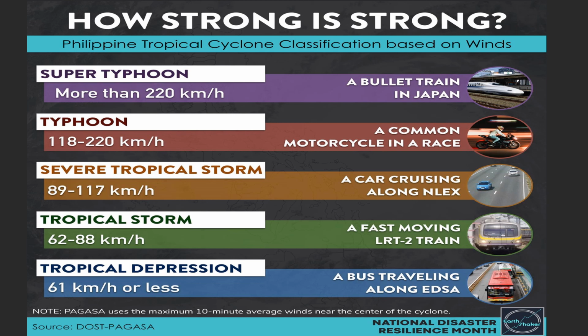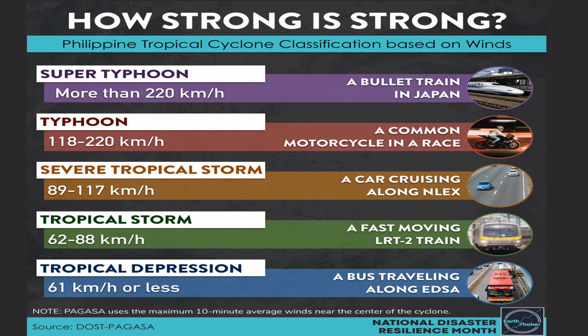So this is as fast as a car cruising along NLEX kasi nga hindi naman ma-traffic doon. So, imagine a moving car that is freely traveling along NLEX. Now, typhoon. So here, ito na yung napapangalanan natin ng iba't ibang pangalan to simply categorize and record their impeccable damaging effect to the country.